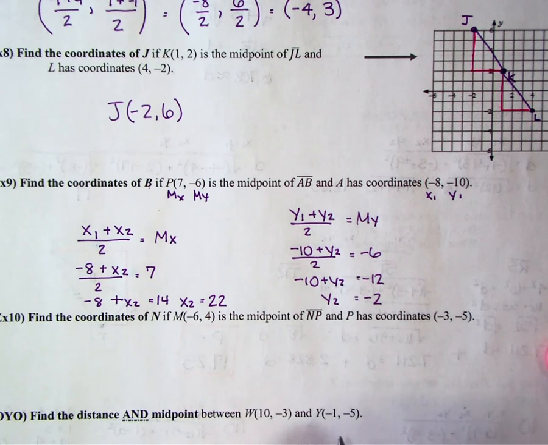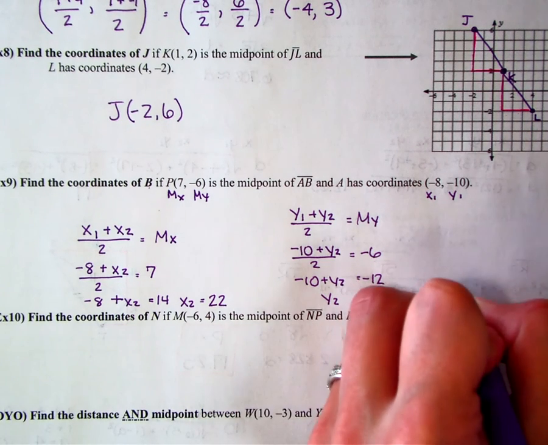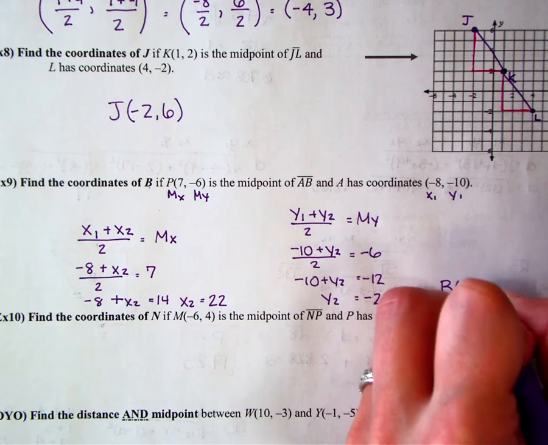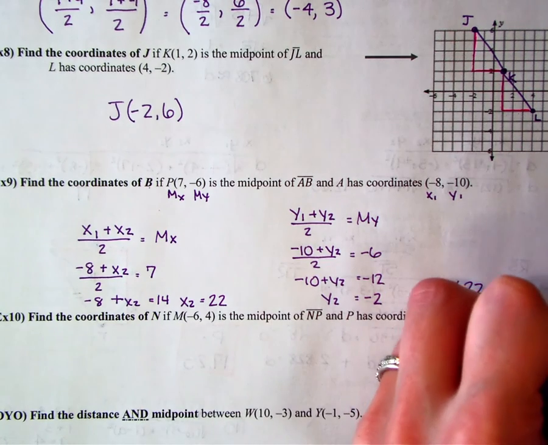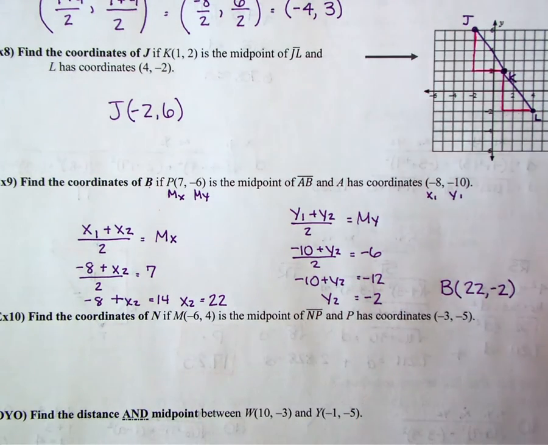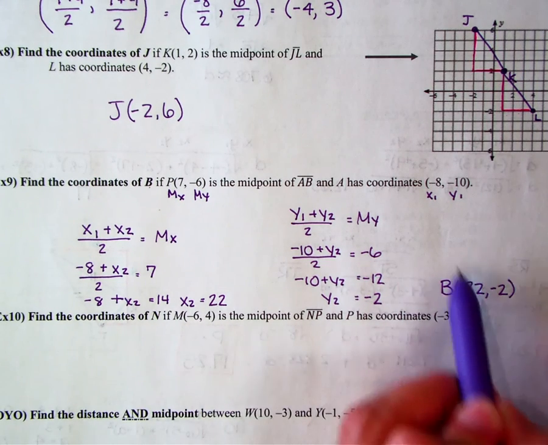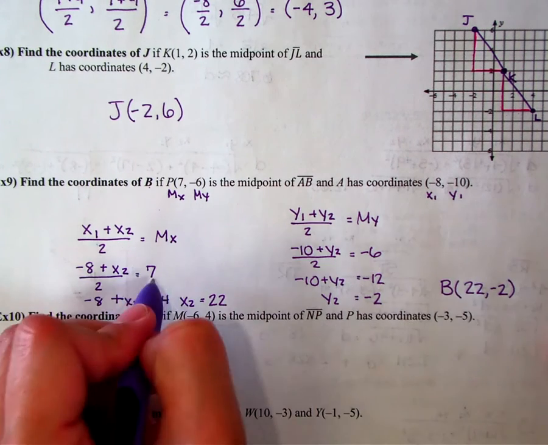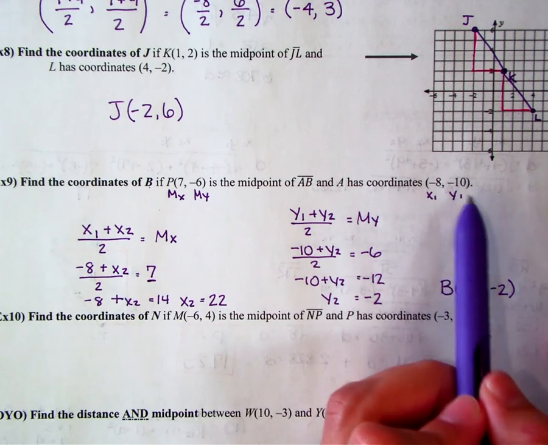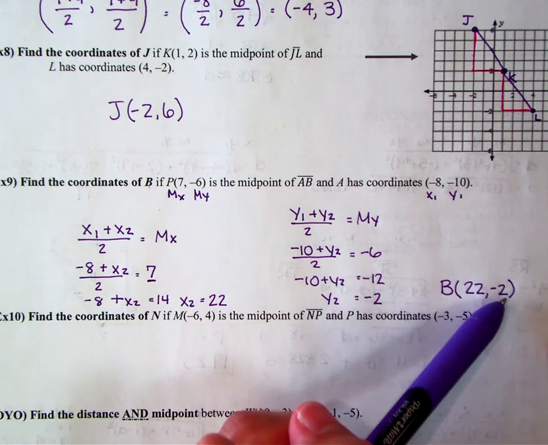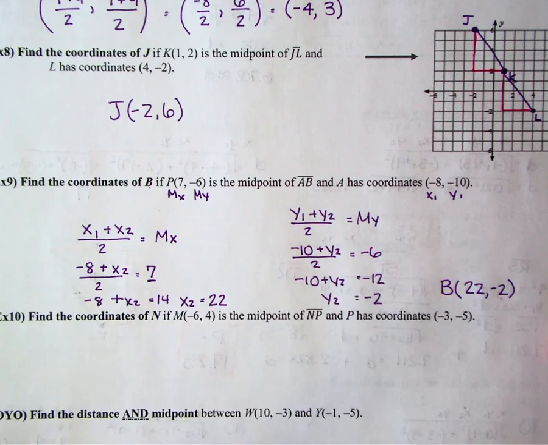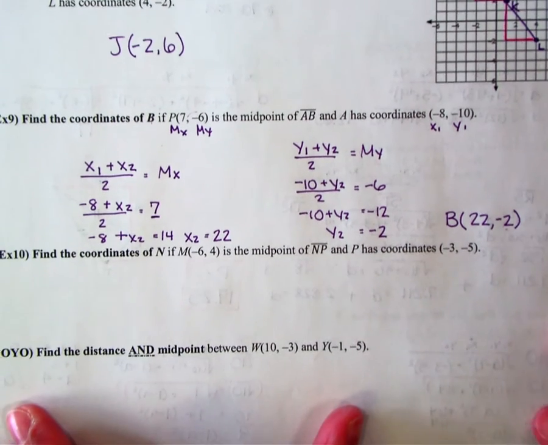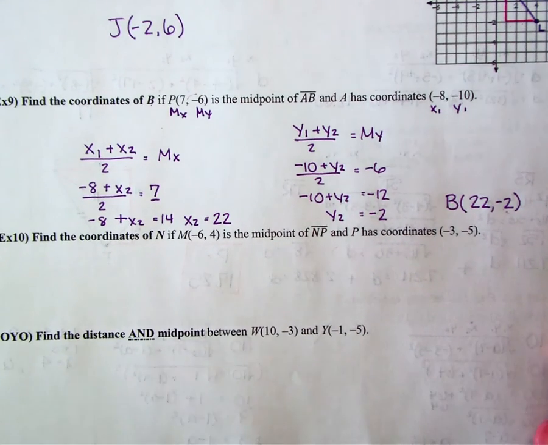So your other set of coordinates, your points for B: my X comes first, my Y comes second. You can logically check it by adding. 22 and -8 is 14, divided by 2 is 7. And you can also take Y1, -10, and -2, cut in half, which gives you -6. So you're good there. And then we'll practice one more time.